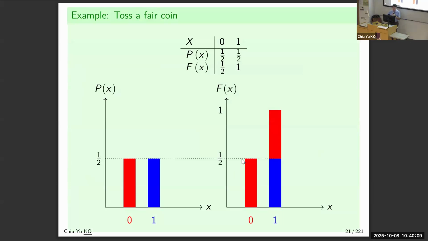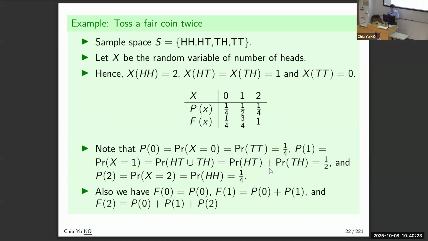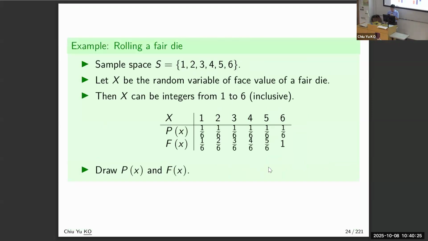And just to recall why we have this: we know how to define F for a continuous random variable, but P is not well defined because P is always 0 for every point you give me. So that's why we have to use big P and big F.